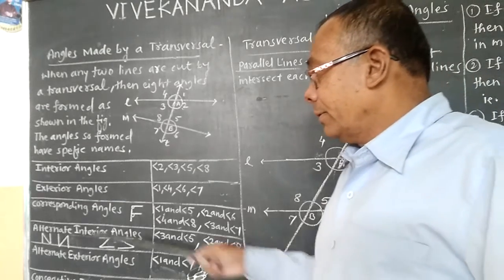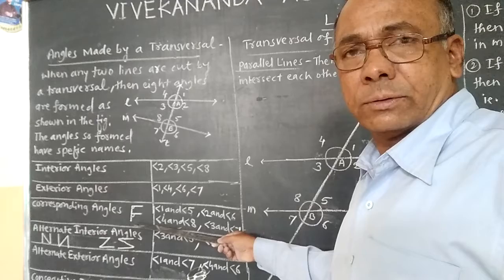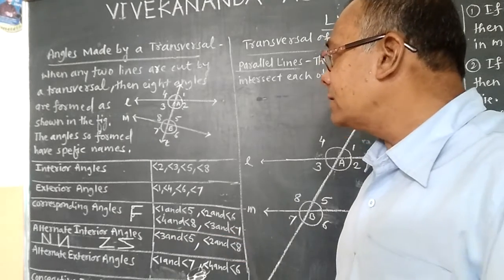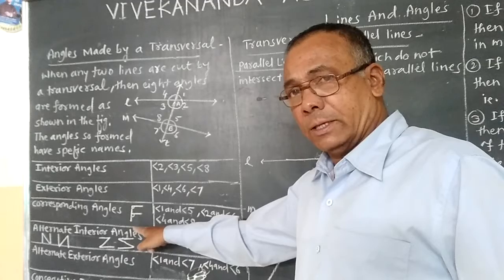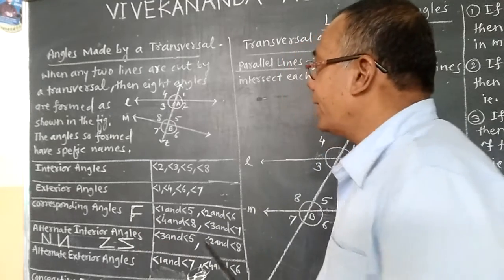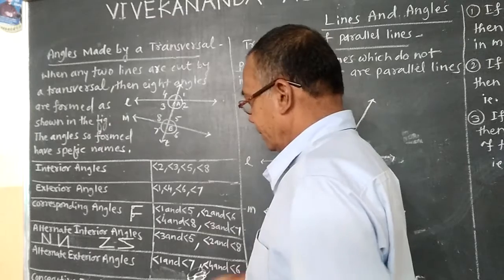Now there is one more type that is called corresponding angles. Corresponding angles means F. F के अंदर जो रहते हैं, for example here we will see.